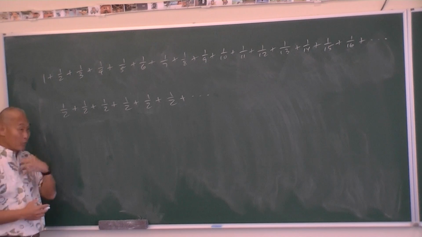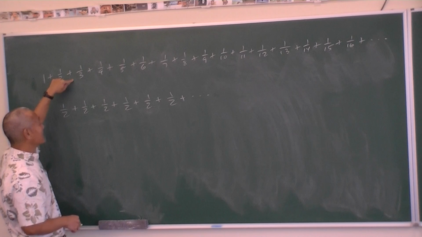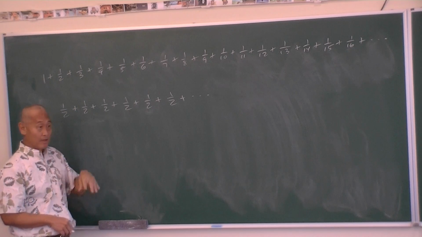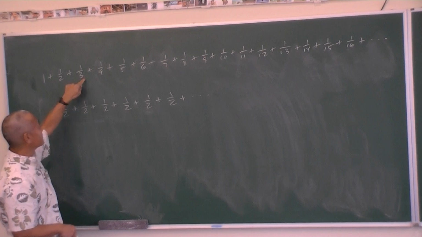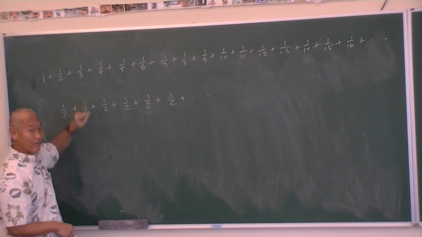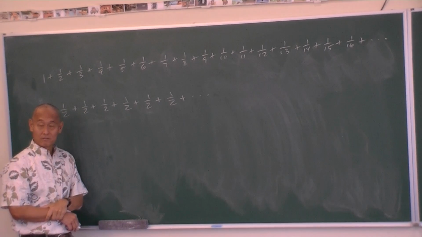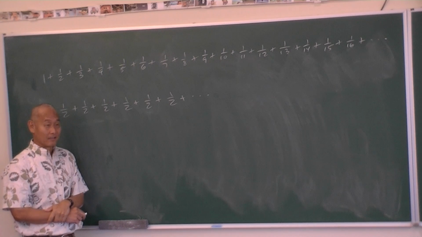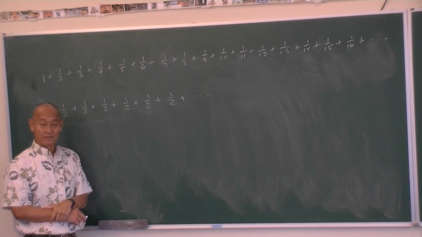Now what I'm going to prove to you is this series is bigger than this. If I can prove to you that this series here is bigger than that, then wouldn't this one diverge to infinity also? Because what's bigger than an infinite sum? Another infinite sum, right?